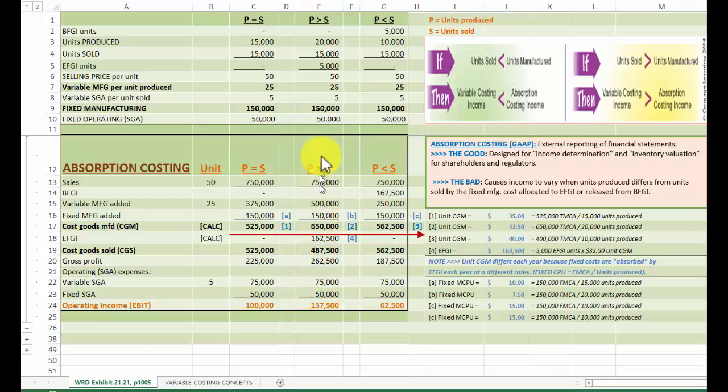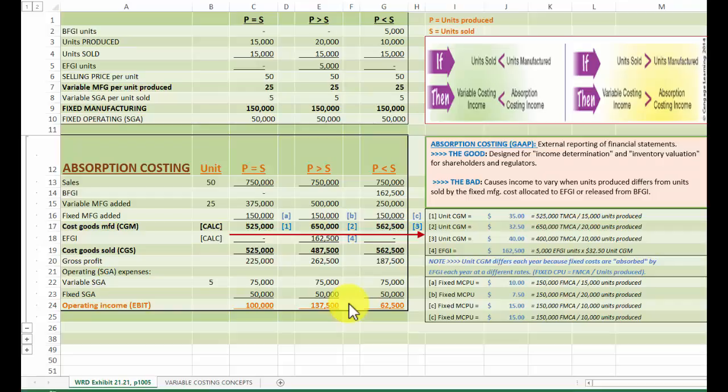And then fixed operating costs, selling, general, administrative, are $50,000, so deduct 75 and 50, $125,000, from the gross profit of $262,500, and that gives $137,500 as the operating income, or EBIT, earnings before interest and taxes.